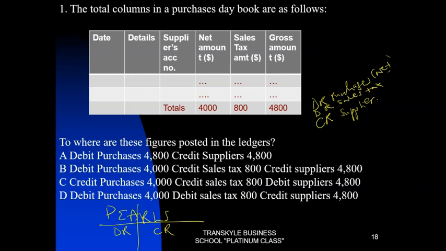So we're going to debit purchases and debit the sales tax, and then we have to credit the payables or credit the supplier. So you can see that the answer is very clear there.